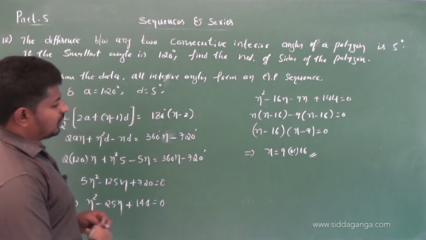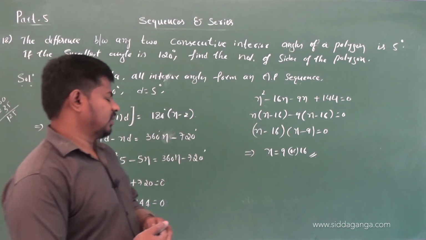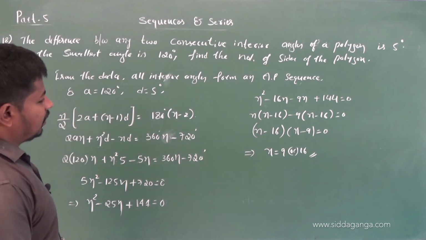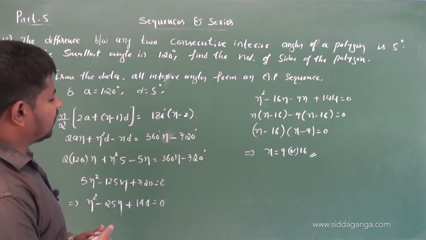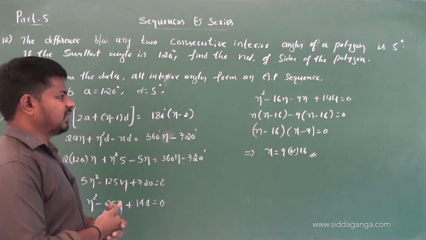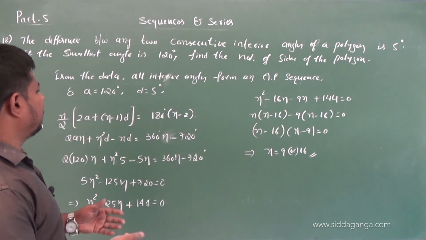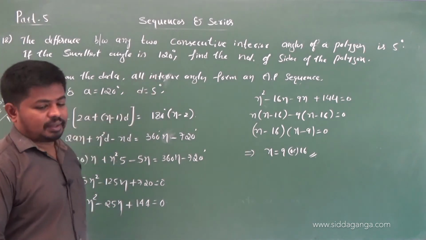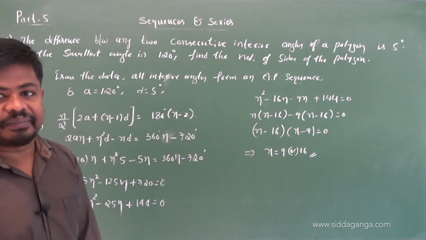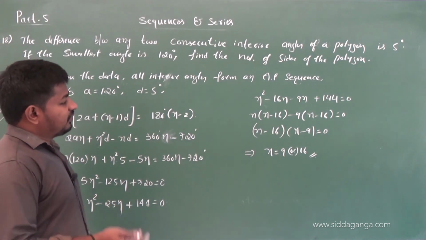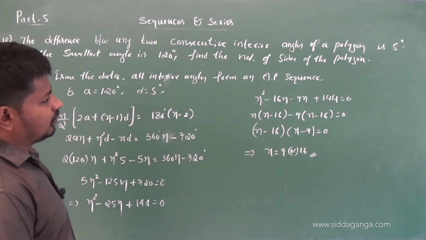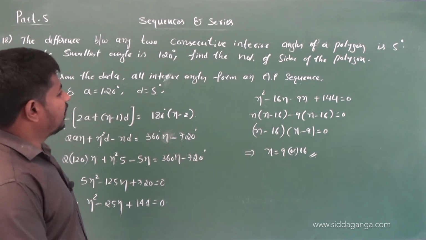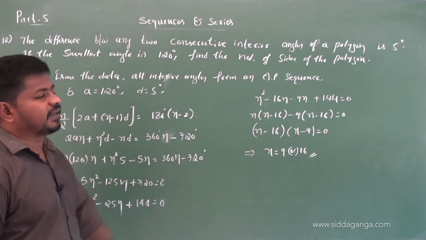So a polygon having n sides, I mean 9 sides or 16 sides, all interior angles form an AP with common difference 5 degree, and the first angle is 120 degree.